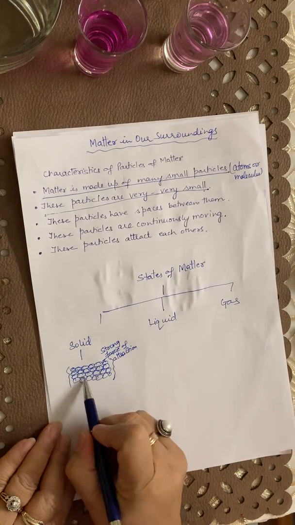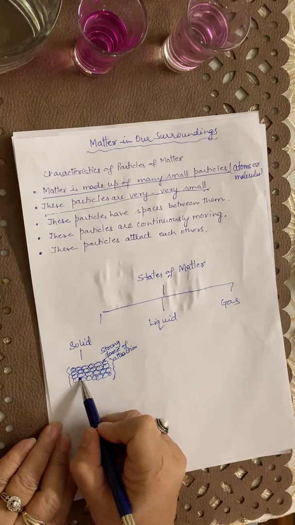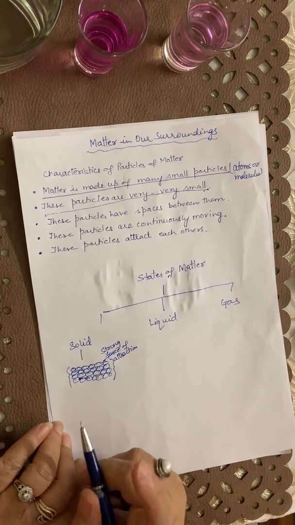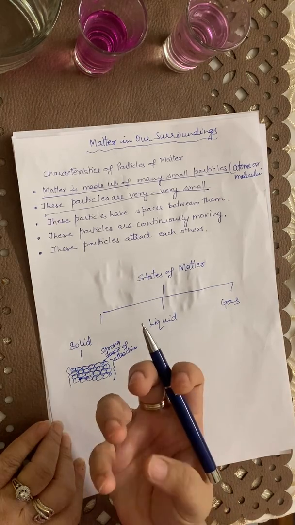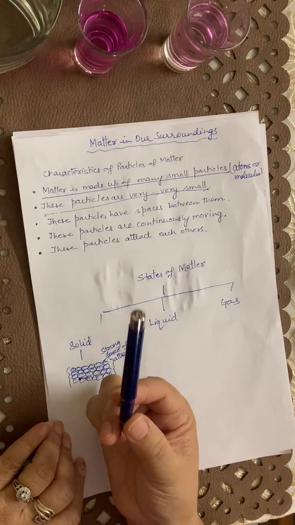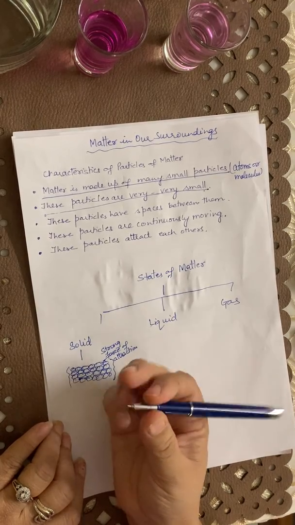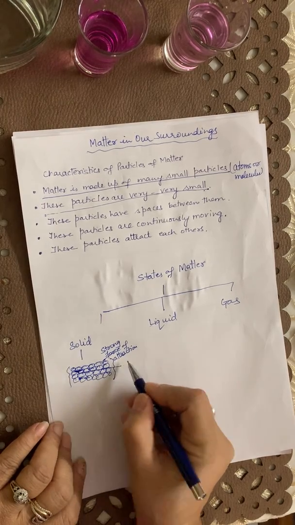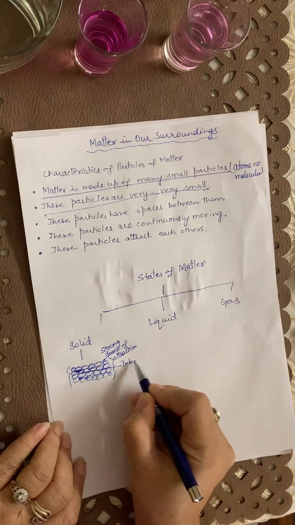This strong force of attraction between the particles does not allow the particles to leave their space. And because of this strong force of attraction, a solid has a definite shape.